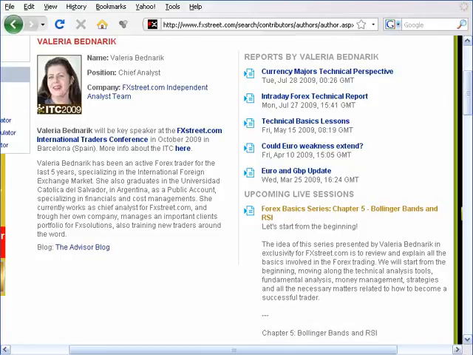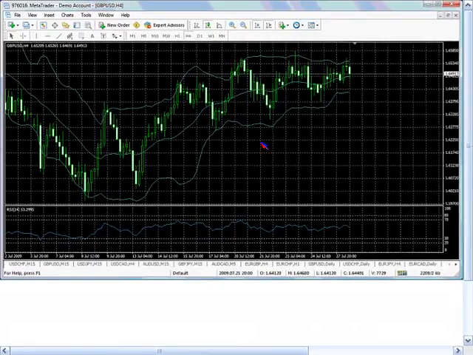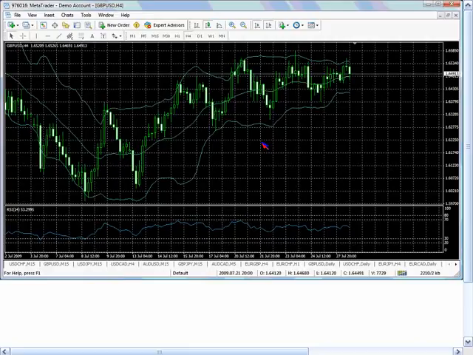I'll come to Bollinger Bands today, and the fact is that maybe, I don't know what you think, but for me it's maybe not the best indicator, because one thing is to watch in the past how the indicator develops, and the other thing is what's going on today with the same indicator. I guess that happens with all indicators, right?